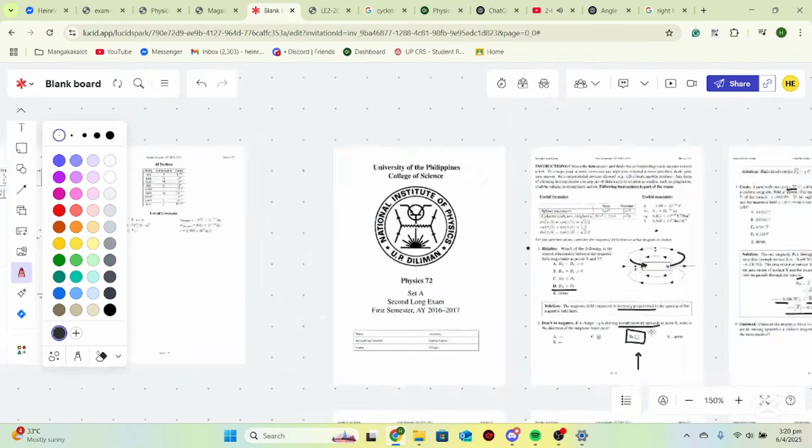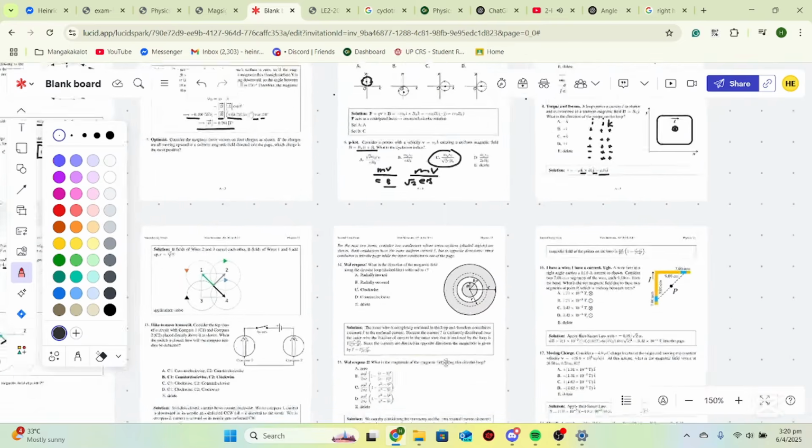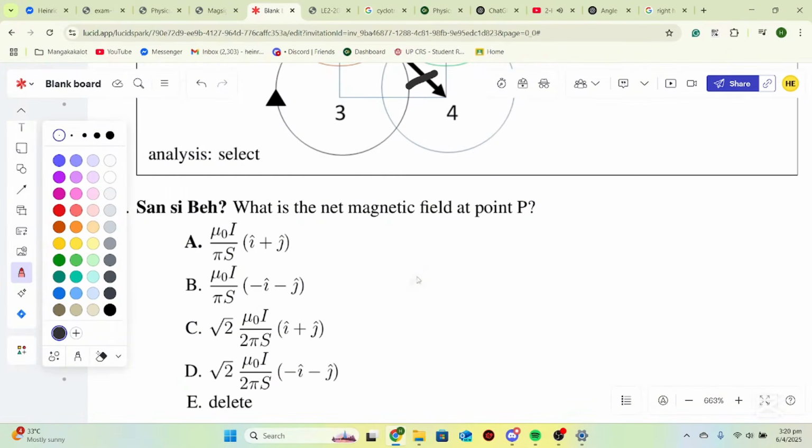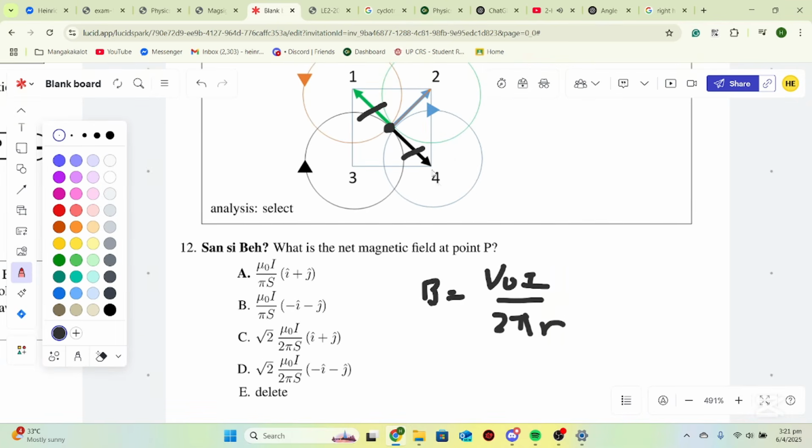So with that, B is equal to mu naught I over 2 pi r. We know that from this, r will become square root of 2, but since there's 2 of them, it puts 2 over here, so they cancel out.